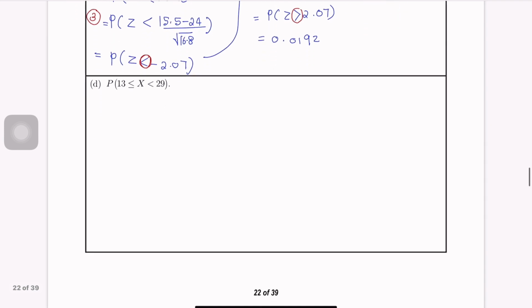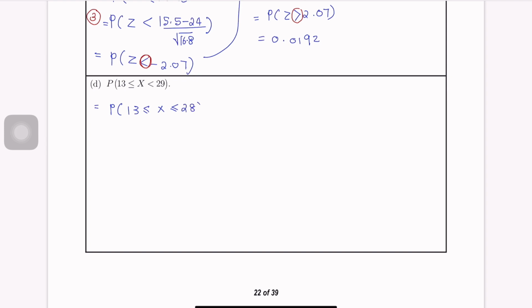Okay, next example. X between 13 and 29, 13 inclusive, 29 not inclusive. So we need to change it to an equal sign first. X between 13 and 29, 13 inclusive, so we have 13. What do you think for this value, 28 or 30?